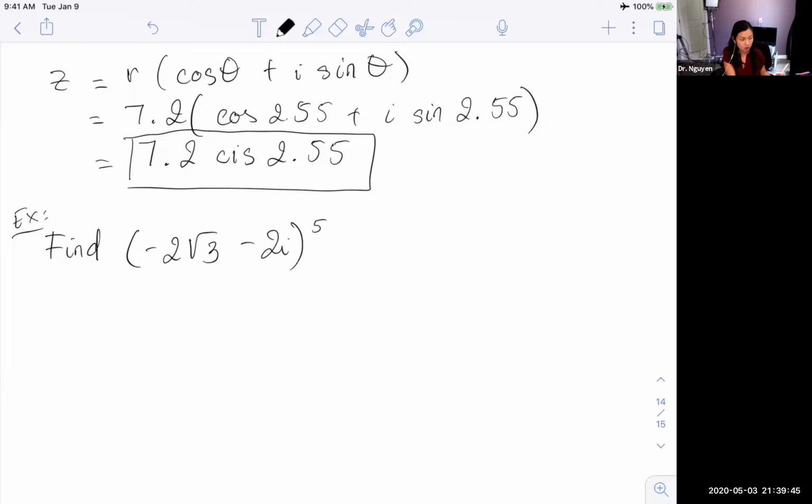Okay, so this looks horrible because I don't want you to multiply -2 radical 3 minus 2i five times. That's just nuts. Okay, so we have something called De Moivre's theorem.